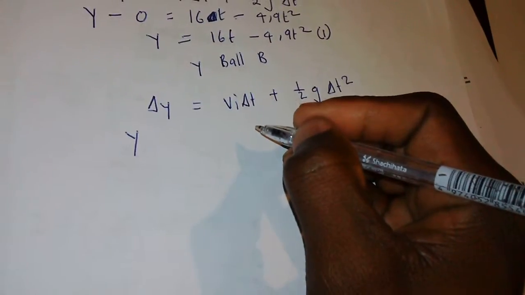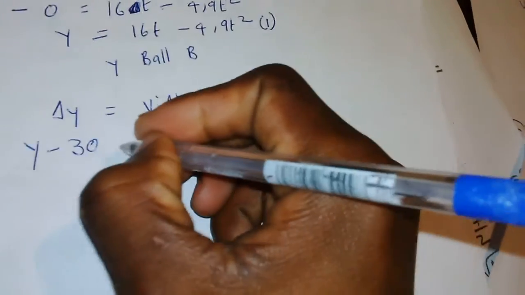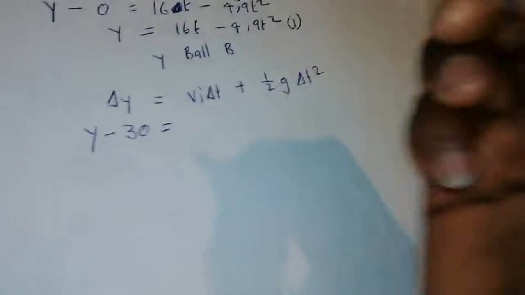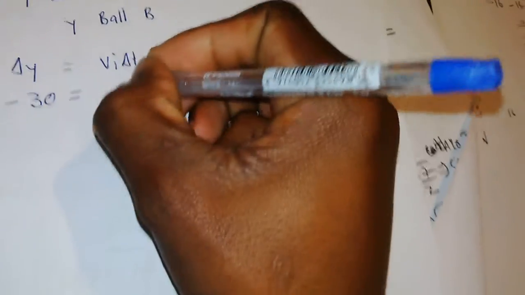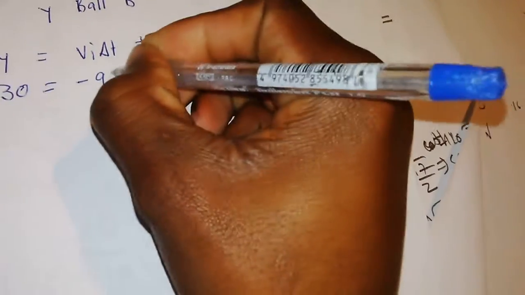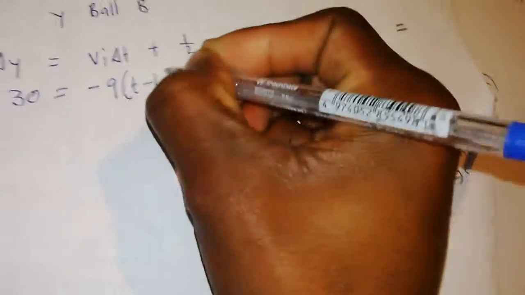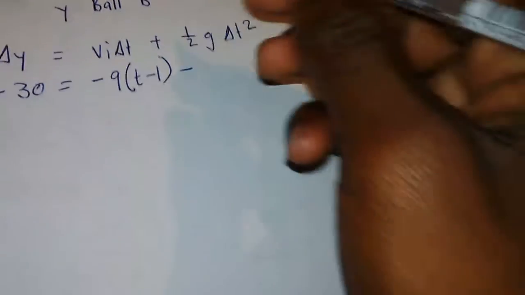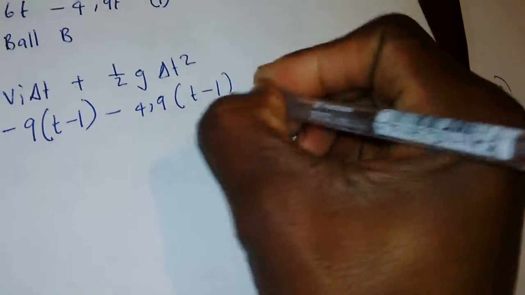And the initial position is 30, not velocity, guys. Understand that was a mistake. Your initial velocity is 9, but it goes downward, so it is minus 9, times your time for this ball, which is t minus 1. And here, still remember that half of 9.8 is 4.9, times t minus 1 squared.